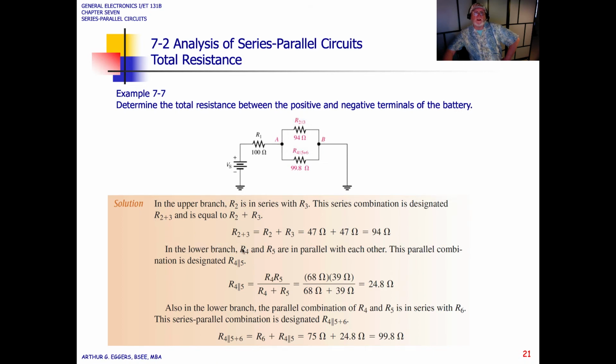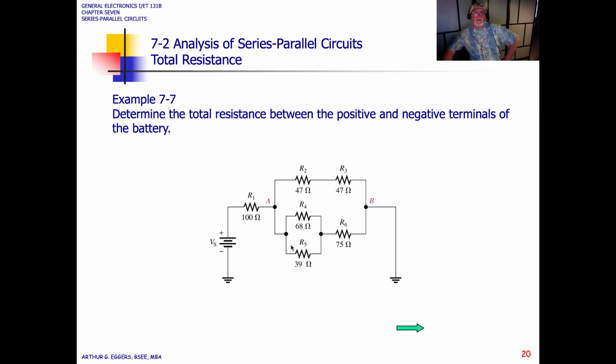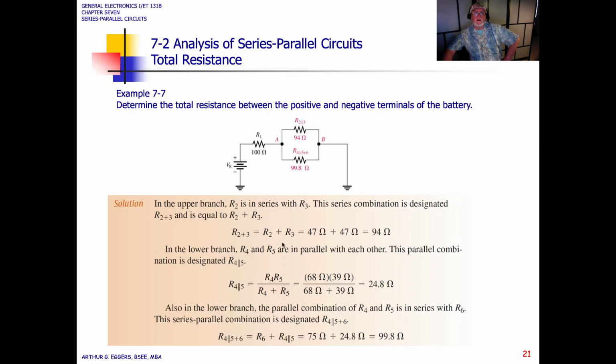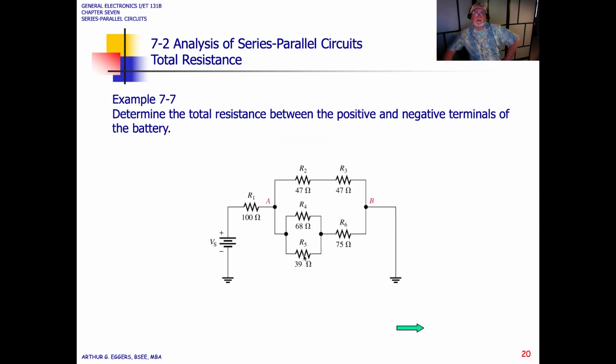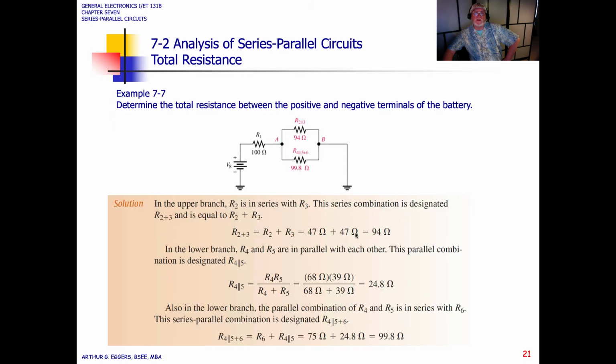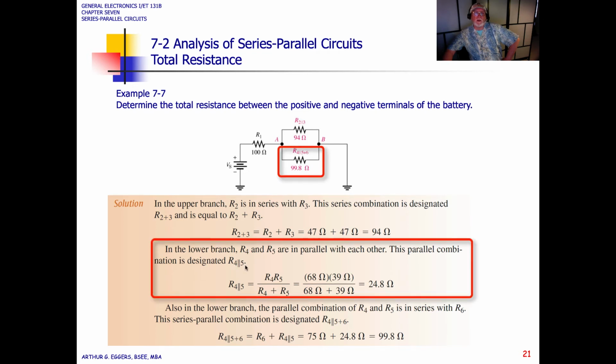The lower branch, R4 and R5, let's go back here. So here's R4 and here's R5. R4 and R5 are in parallel with each other. So you can see those are in parallel, these are in series. This parallel combination is defined as R4 in parallel with R5.